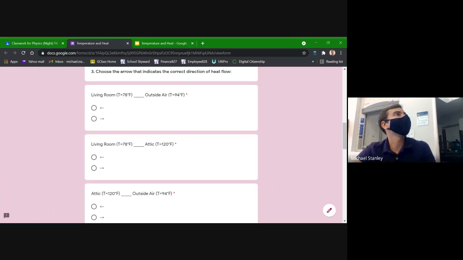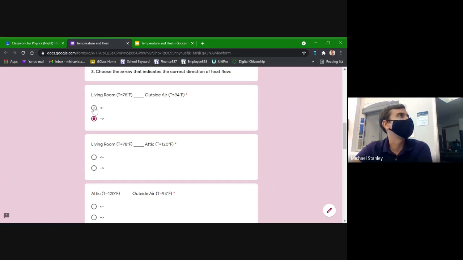The next part down here, I have some different areas. The living room at 78 degrees, the outside at 94 degrees, so this is a pretty average day here in a couple months, and the attic, which is 120 degrees. So I want you to tell me, using these little arrows right here, which direction is the heat going to flow in these situations?